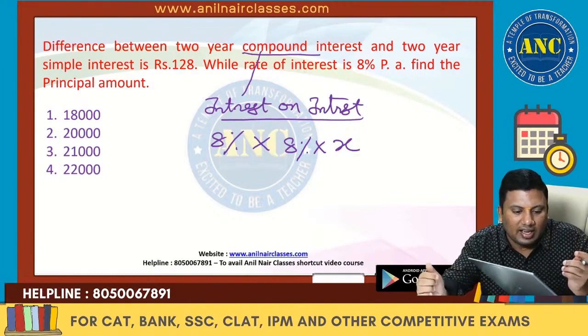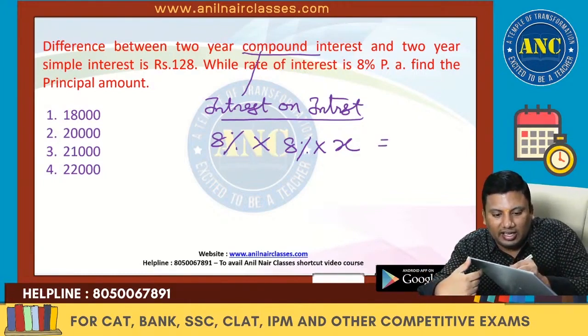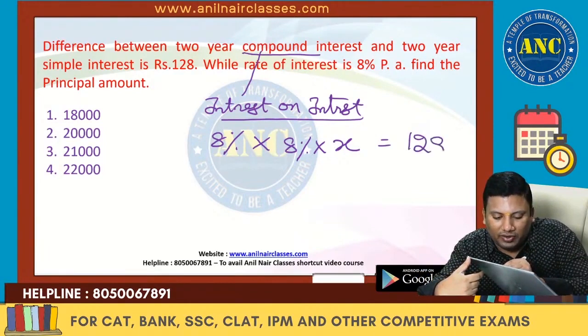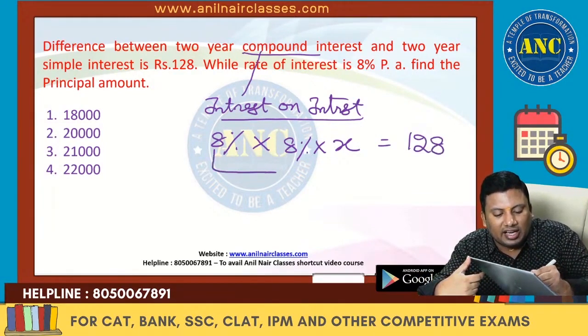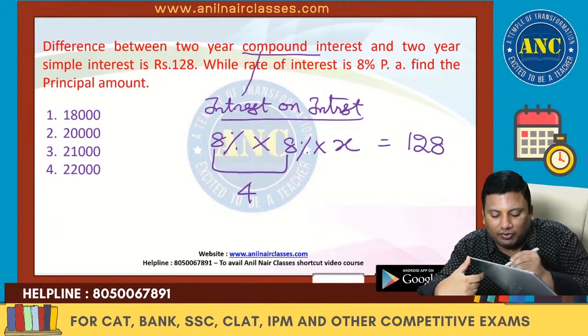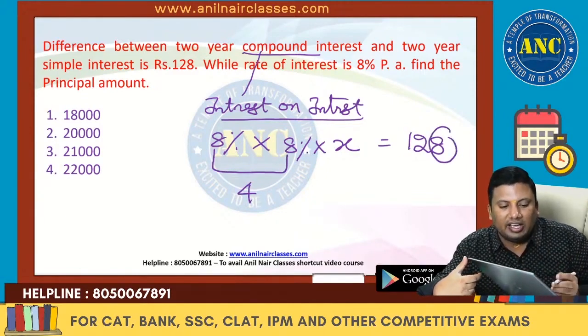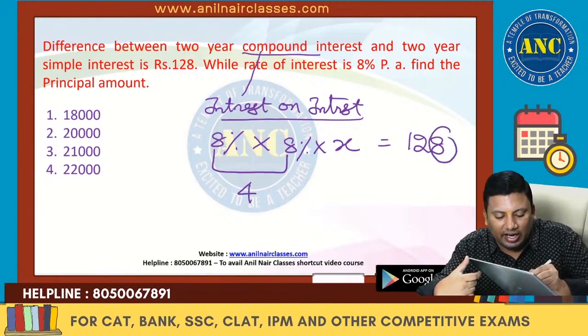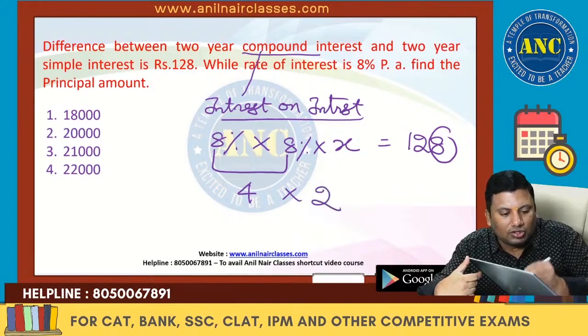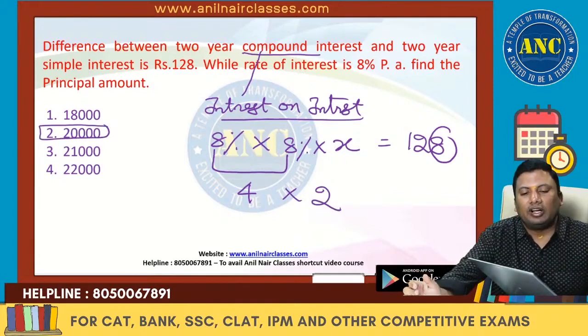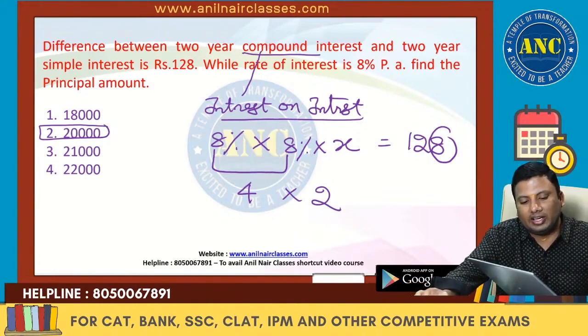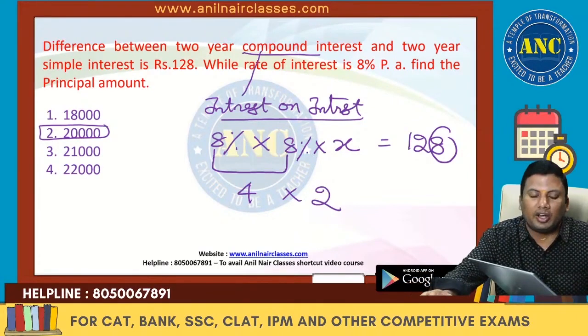Now see here, where it is giving 128, 8 8s are 64. This unit digit is 4. The unit digit of the answer is 8, so I should get this value as 2. So the answer is nothing but 20,000. 4 2s are 8. I hope it is clear.